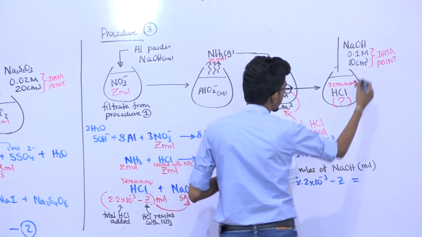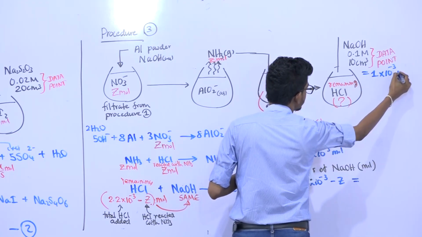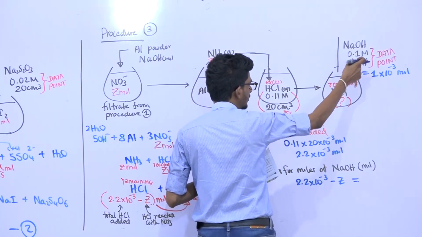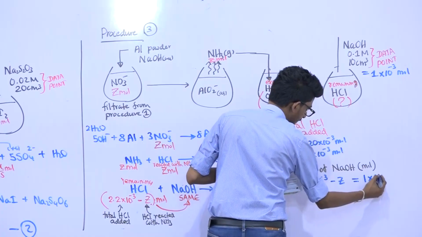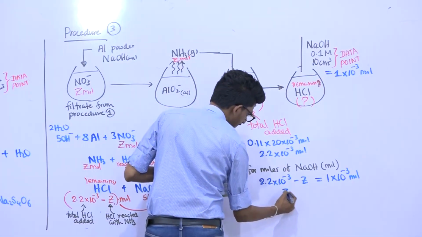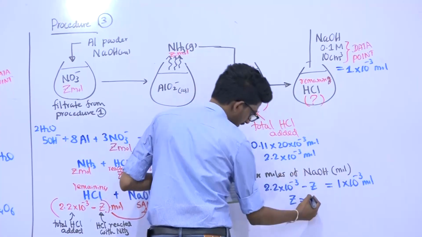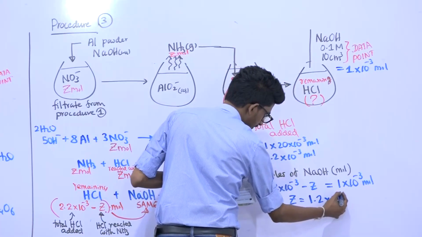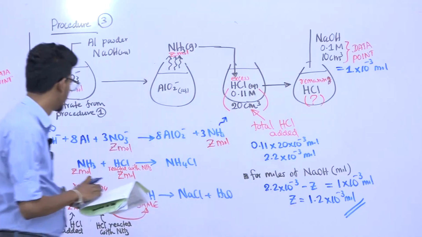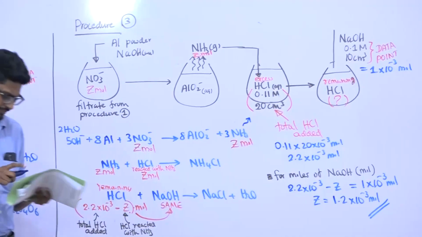This value is actually 1 into 10 to the minus 3. 0.1 into 10 into 10 to the minus 3, that is 1 into 10 to the minus 3. So your Z will be, right, this goes here, 1.2 into 10 to the minus 3. That is the amount of moles of nitrate.